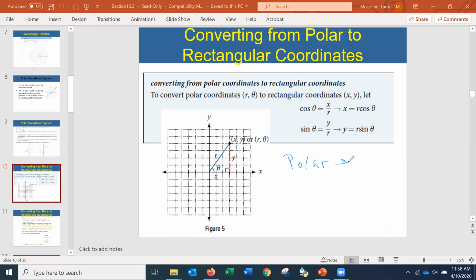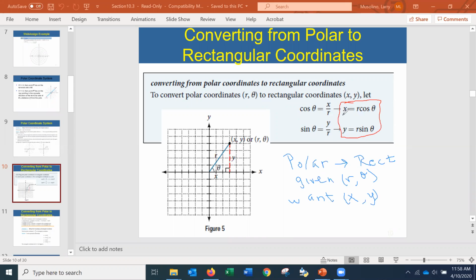And if we're going to go from polar to rectangular, what that really means is you're going to be given some r comma theta point, and you want to find the corresponding x comma y. To do that, you're really going to be using these formulas that I'm going to circle in red. These are really the formulas to focus on.